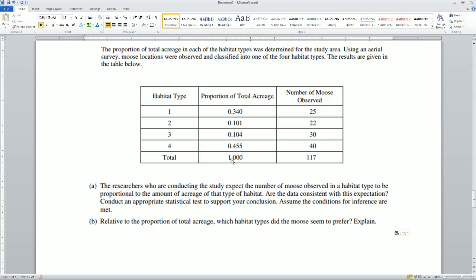Give me one sec. Is it homogeneity? Because you think there's two populations, right? Is that what you're thinking? What are your two populations?